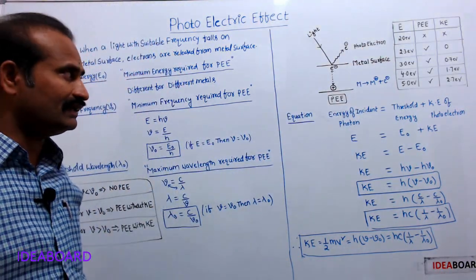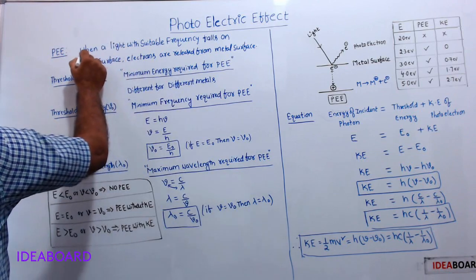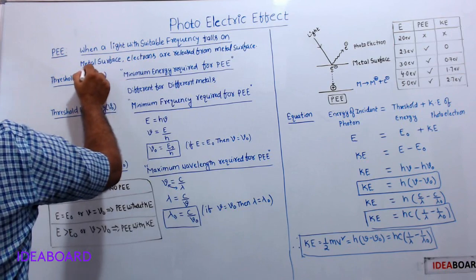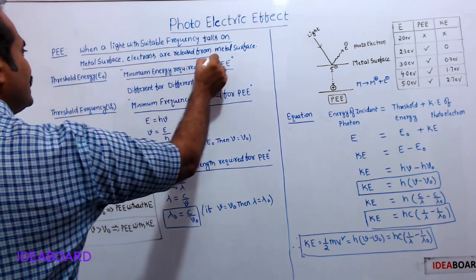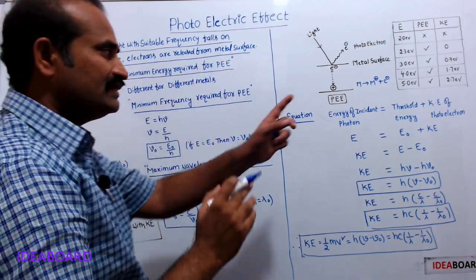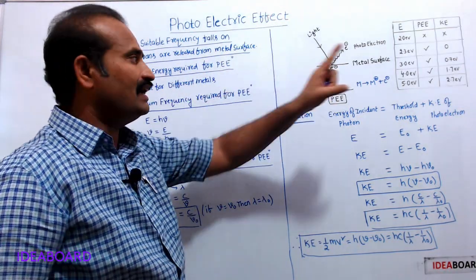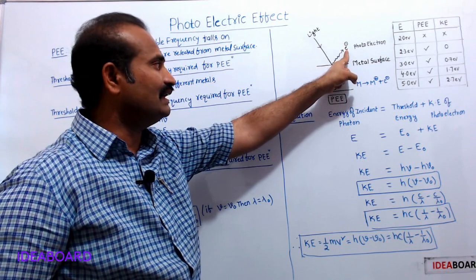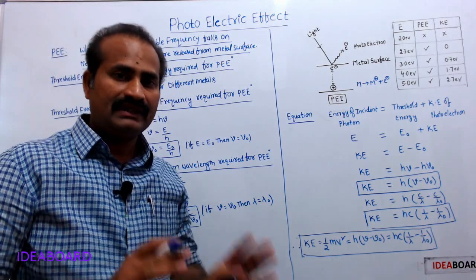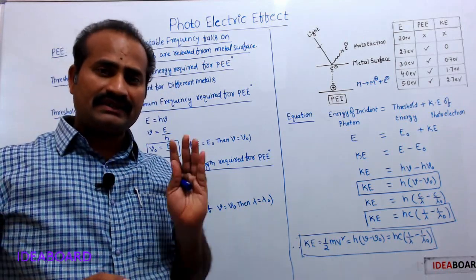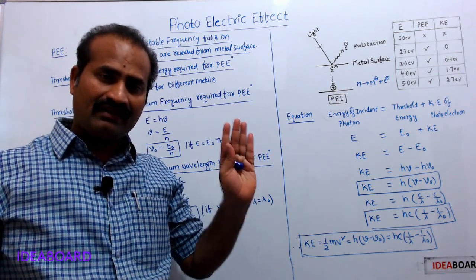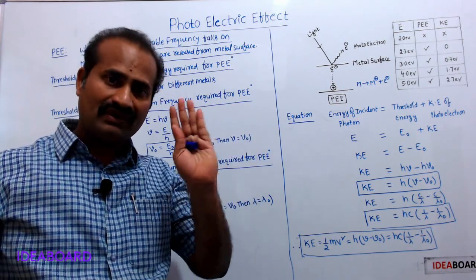Einstein successfully explained the photoelectric phenomenon by using Planck's quantum theory.